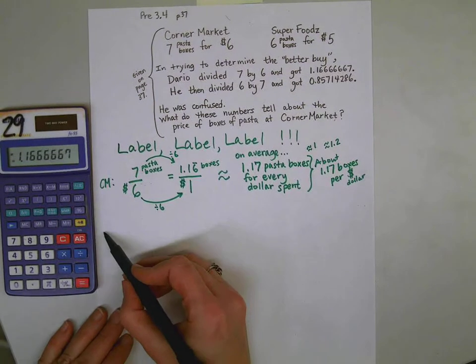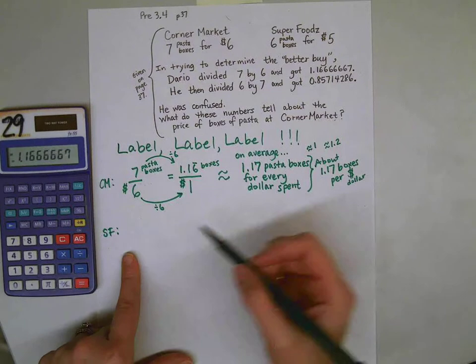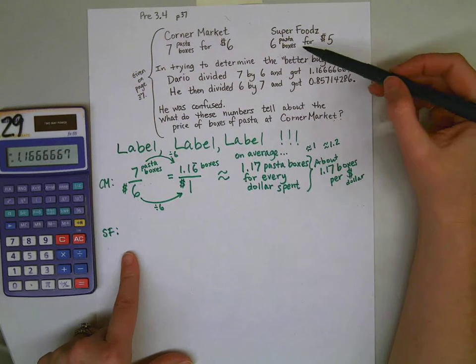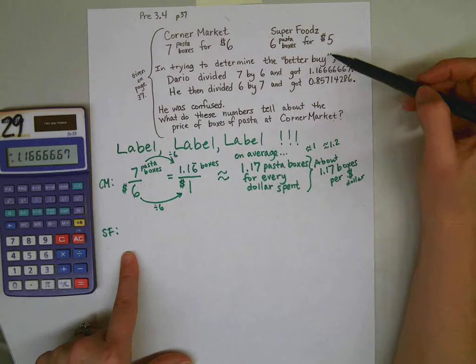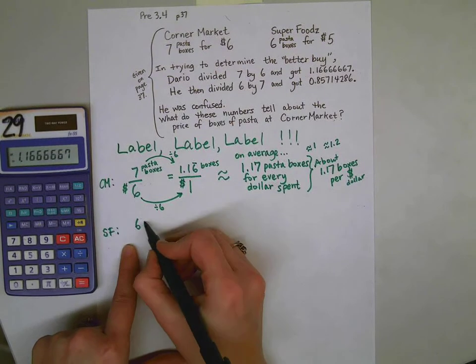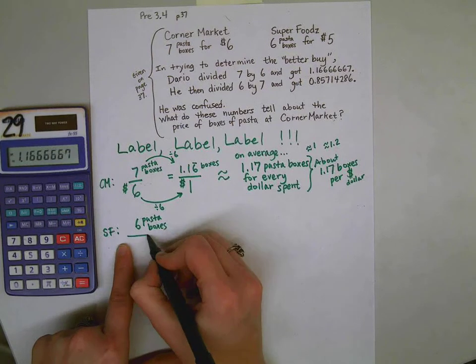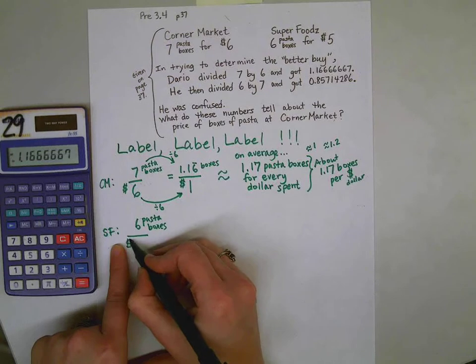Now, when we compare that to Superfoods, we're looking at their prices, and Superfoods has 6 pasta boxes for $5. So the pasta boxes are the numbers that we had on top. The number on the bottom was the dollars.